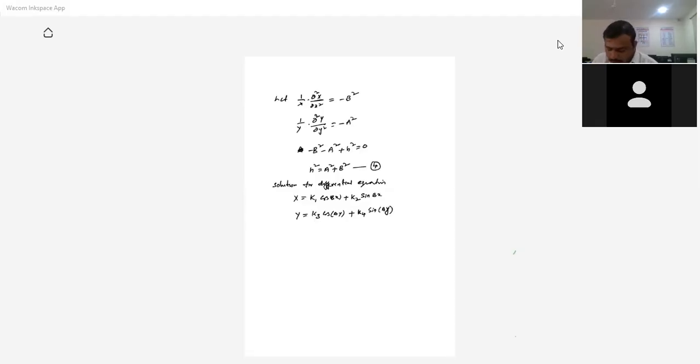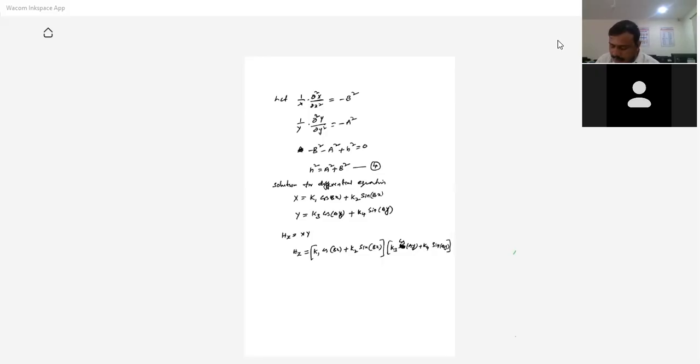Now we have Hz is equal to X into Y, so you can write Hz is equal to k1 cos bx plus k2 sin bx, into Y, where Y is k3 cos ay plus k4 sin ay, small y only.